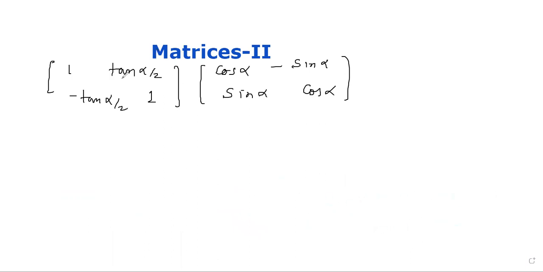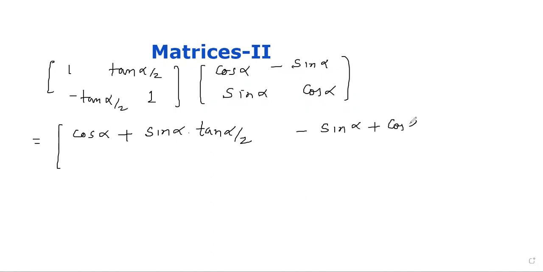So it will give cos alpha plus sin alpha times tan alpha by 2, and here it will be minus sin alpha plus cos alpha times tan alpha by 2.